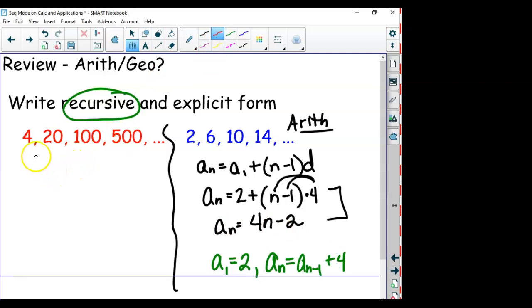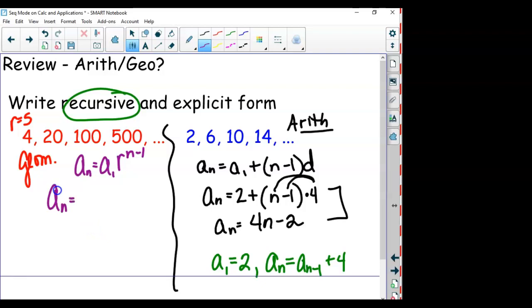Okay, this one, what are they doing? Multiplying by 5, so therefore this is geometric. Okay, so the explicit for geometric on your sheet looks like this. So what would that look like here?